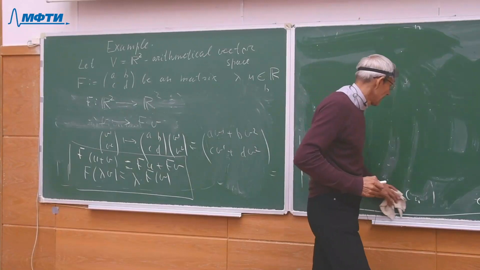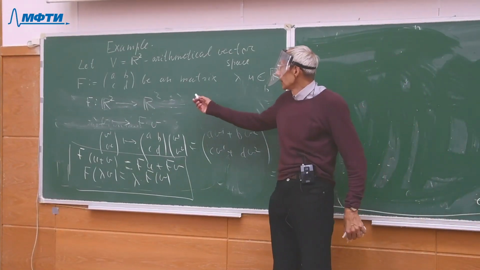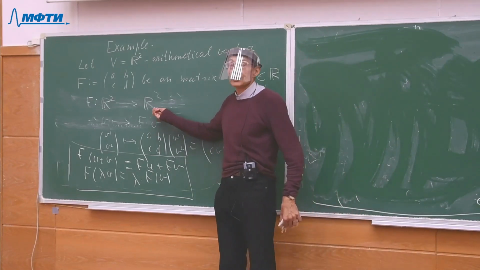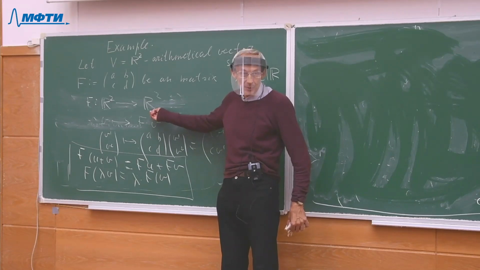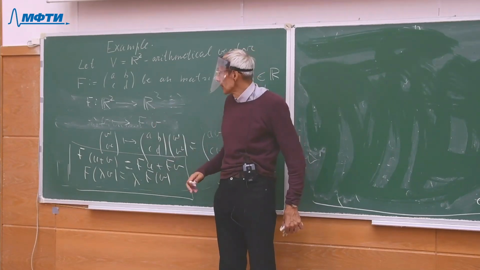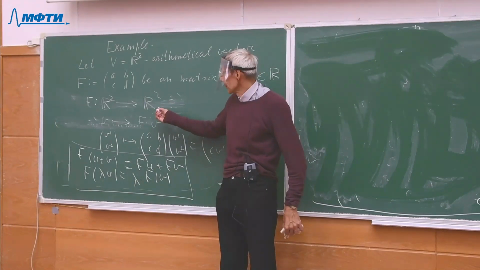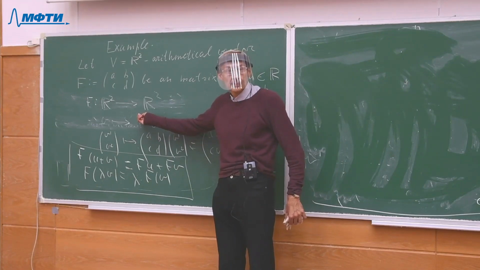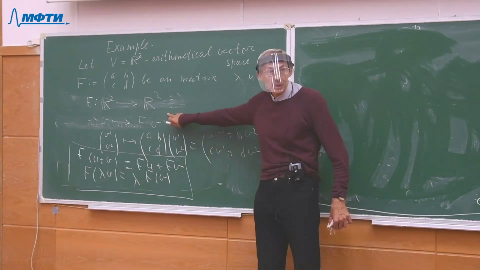And as we will see later, this example is general enough, maybe the most general example of a linear transformation. Almost an arbitrary linear transformation can be reduced to a transformation of such type. This is the analog of the coordinate presentation of a vector.